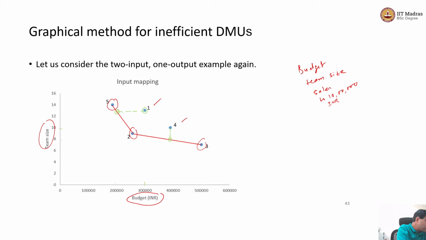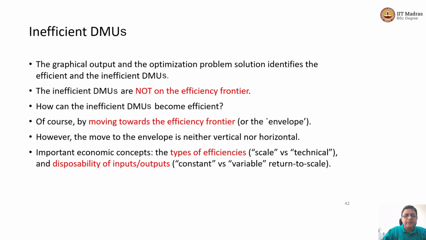But essentially, whatever number is the team size at the intersection of this vertical line and the efficiency frontier, I will say move DMU 4 here, which means keep the same budget, but only reduce the team size.